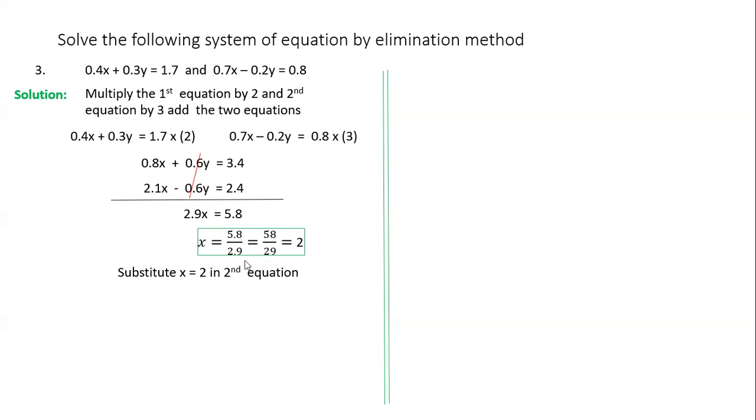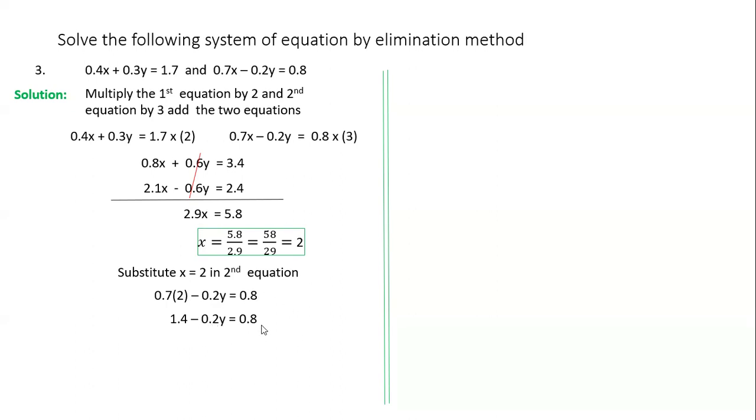Put x is equal to 2, that means substitute x is equal to 2 in the second equation. We have always done the first equation, now I am doing the second, just to tell you that it is not necessary to always substitute in the first equation. You can also substitute in the second equation and you will get the same answer. In place of x, I put 2: 0.7 into 2 minus 0.2y equals 0.8. 2 7s are 14, so 1.4 minus 0.2y is equal to 0.8.